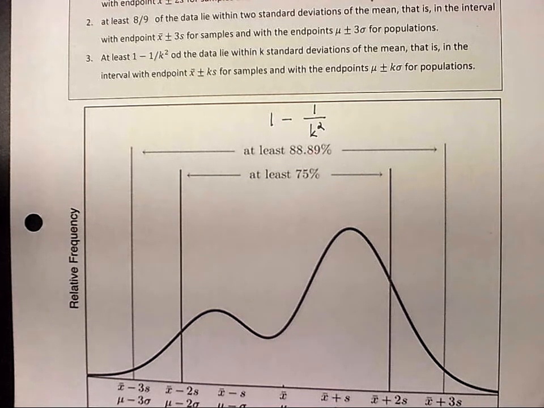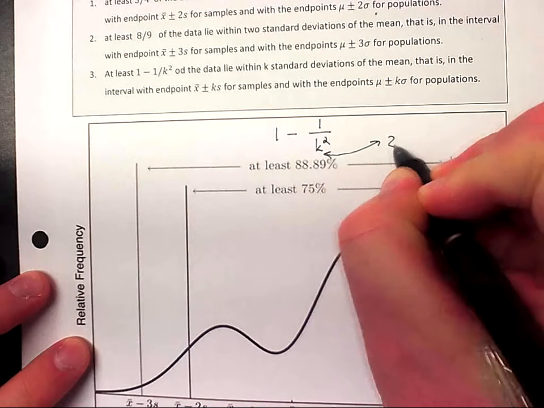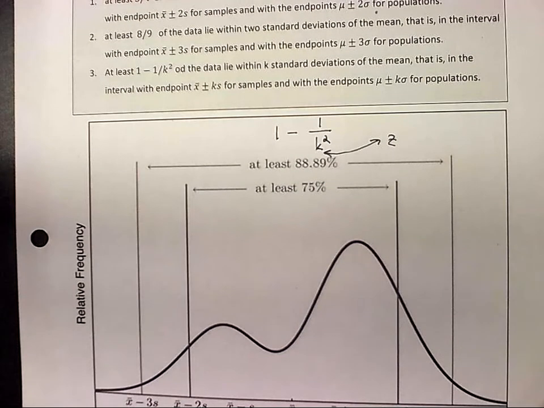So let's see what this formula means. First off, this little k you can think of as being equivalent to our z. All the z's that we used before are like the cousins of this k value. Now, what do I mean with that?